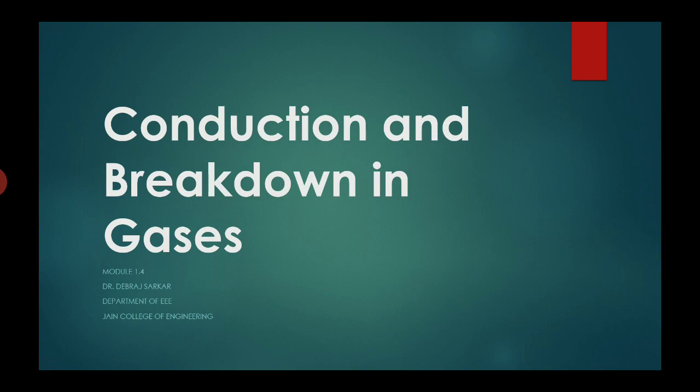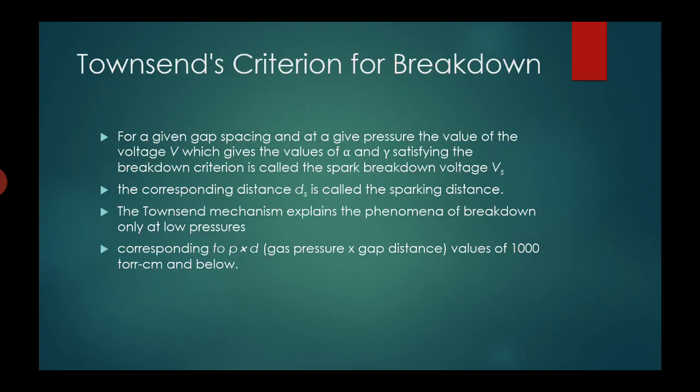In this module, we'll be continuing this concept of conduction and breakdown in gases. Continuing from the previous lecture, we are talking about the Townsend criteria of the gaseous breakdown. Now there are 4 points to consider here.